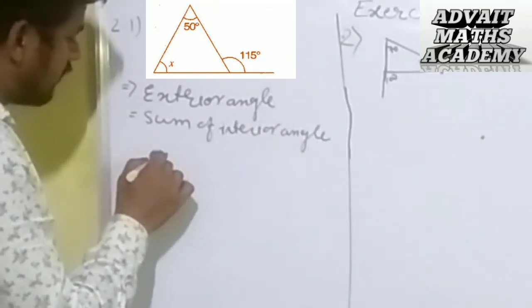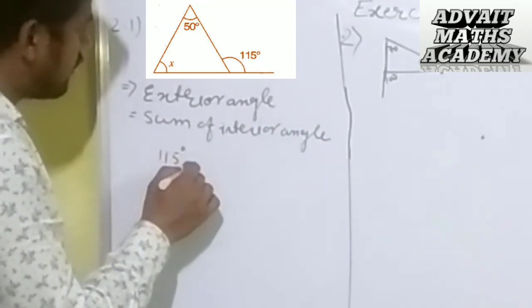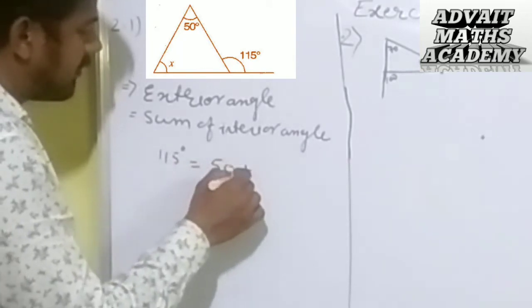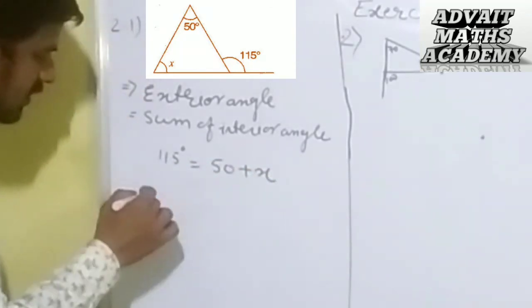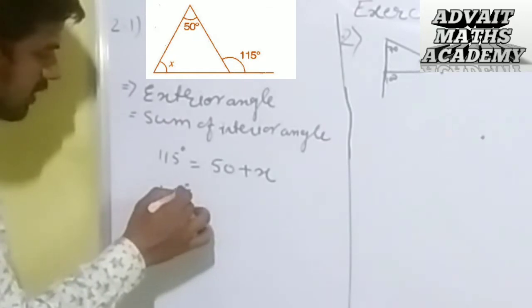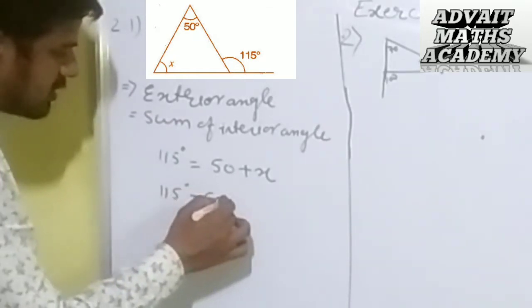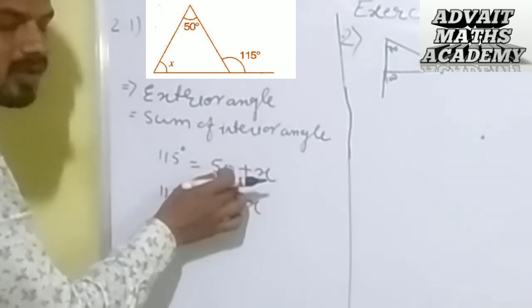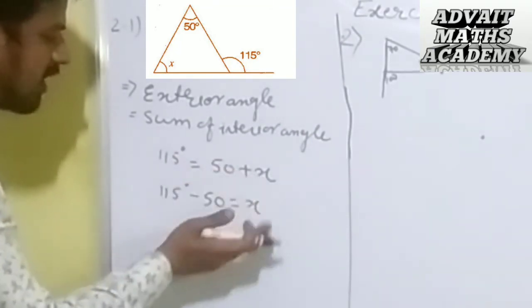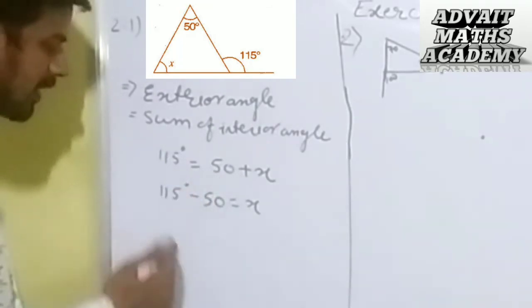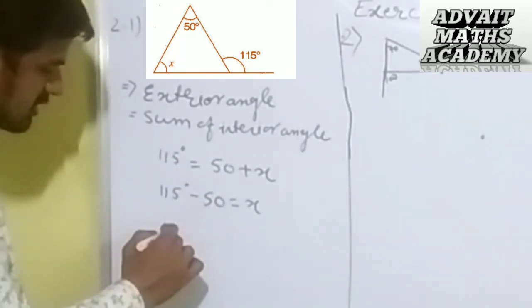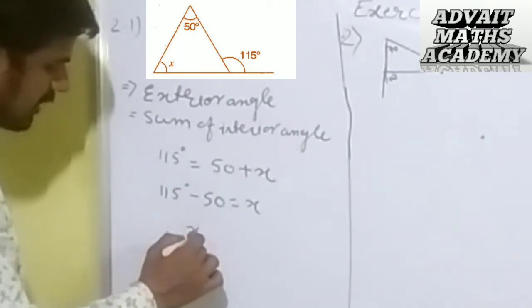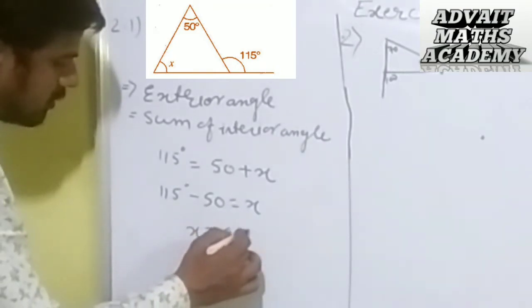That means 115 degree is equal to 50 plus x. Then 115 degree minus 50 degree is equal to x. See, on the right hand side, 50 is in plus, we have to shift it to the left hand side, it becomes minus. Then the difference is, therefore x is equal to 65 degree.